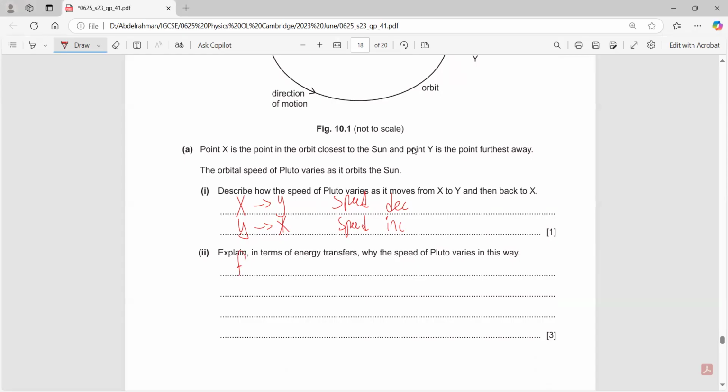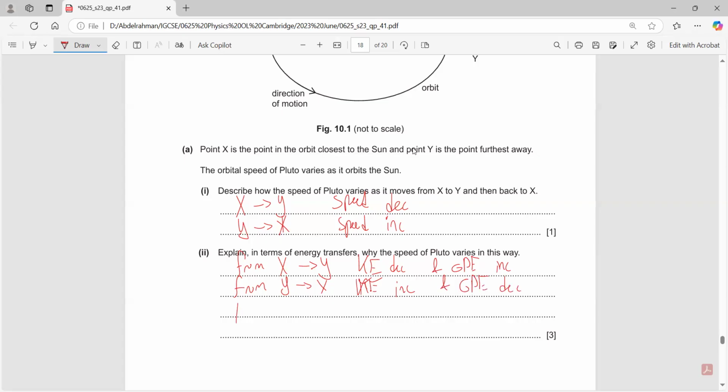From Y to X, kinetic energy increases and gravitational potential energy decreases.